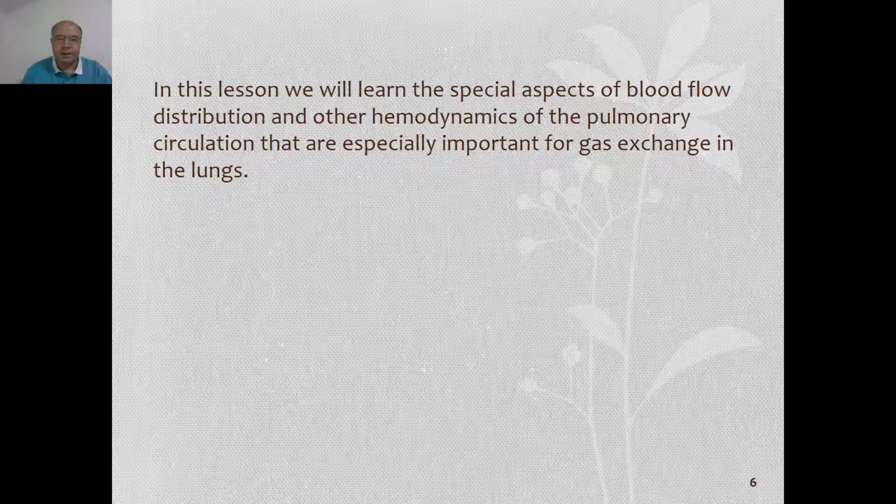In this lesson, we are going to learn the special aspects of blood flow distribution and other hemodynamics of the pulmonary circulation that are especially important for gas exchange in the lungs.